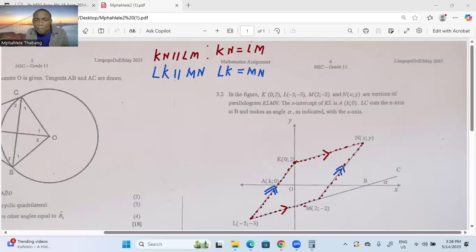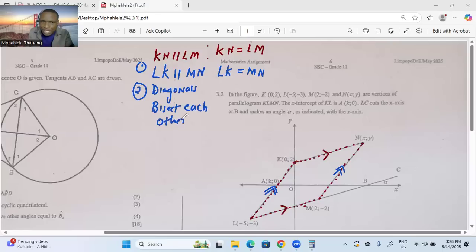Another property of a parallelogram, something very important that you must consider, is that the diagonals bisect each other. So the diagonals of a parallelogram bisect each other. If we have a diagonal KM, this diagonal will bisect the diagonal LN.